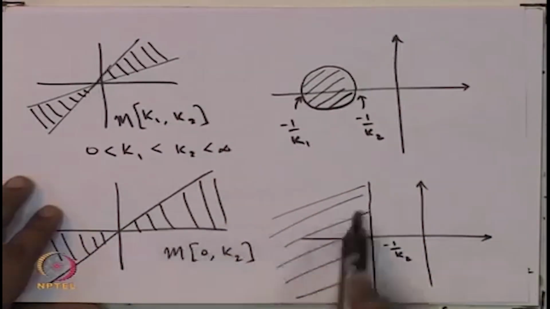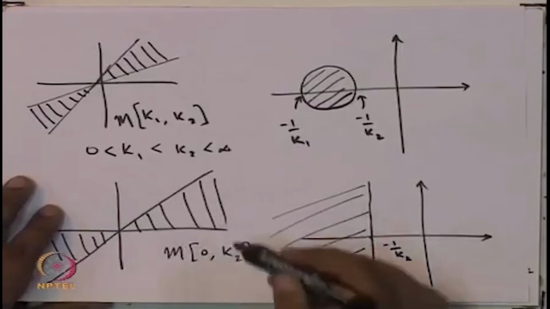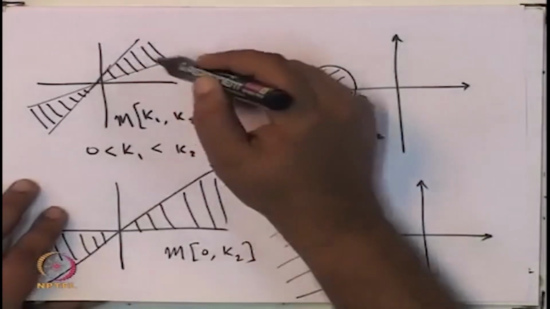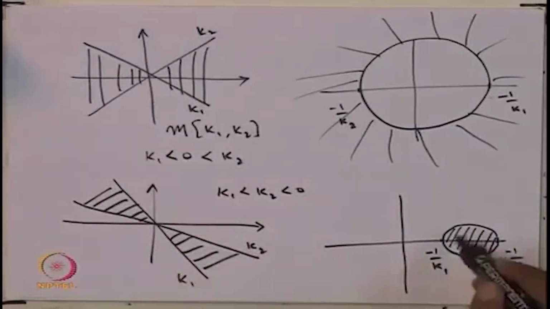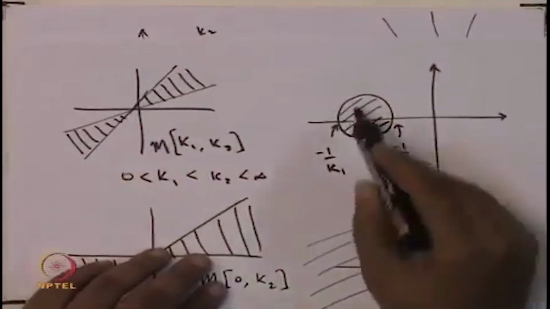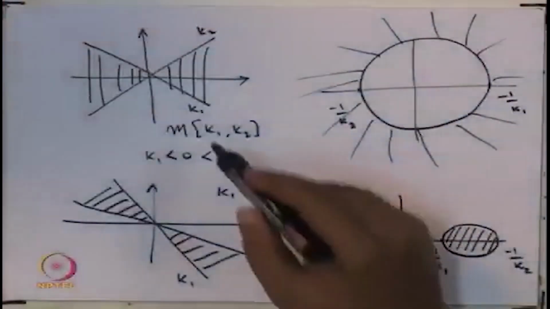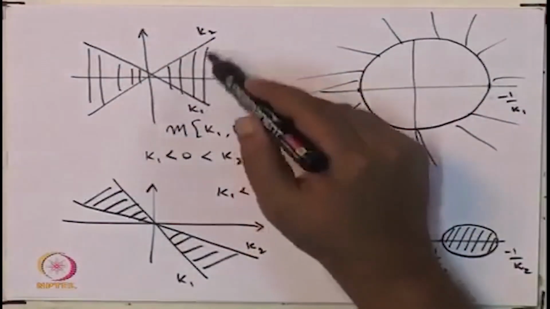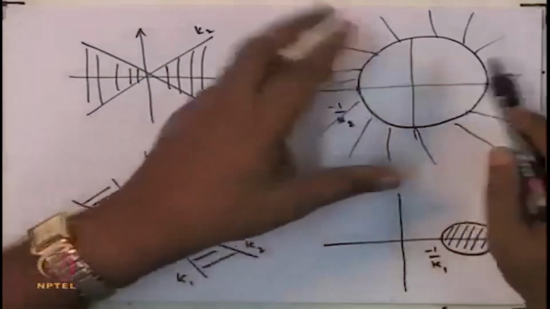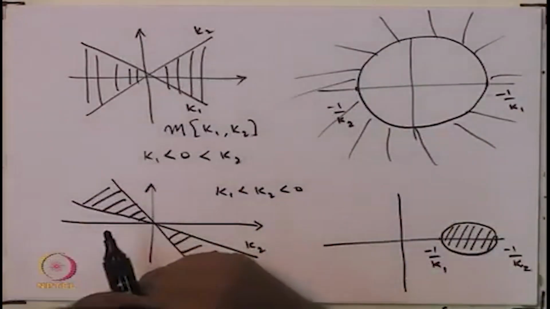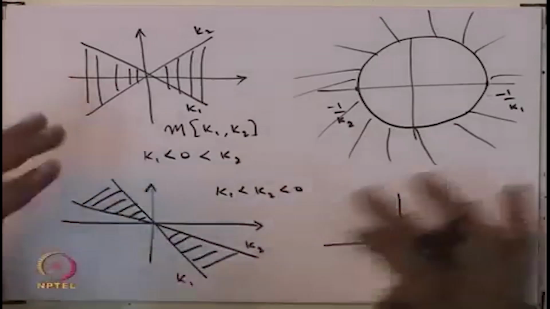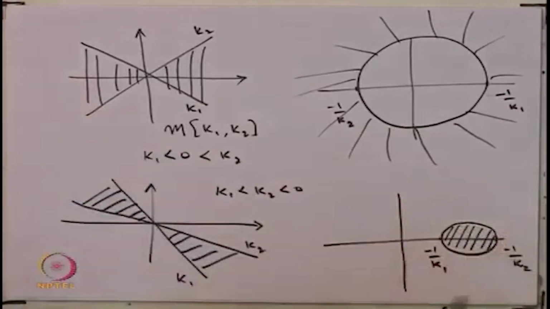So these two, okay. Now if the sign of K1 and K2 are both the same, like in this case or in this case, then whatever is the circle you got, the interior of that circle is the bad part. But if the sign of the two are different, like in this case, then it's the exterior that's the bad part. So this sort of sums up the various situations that can happen.